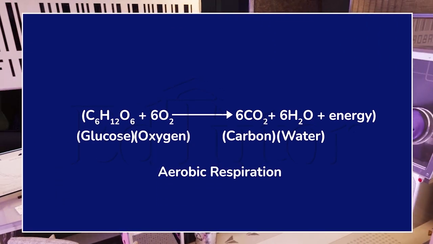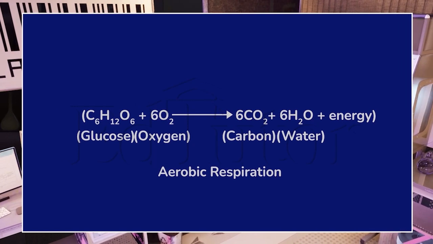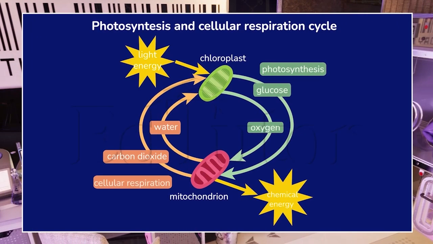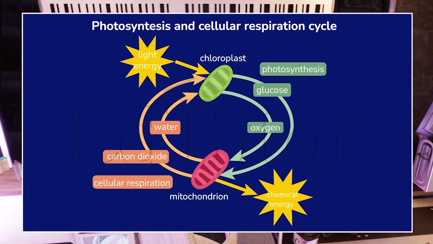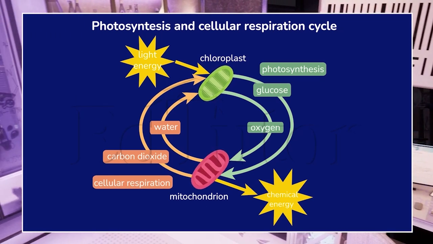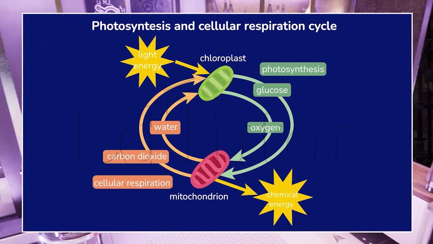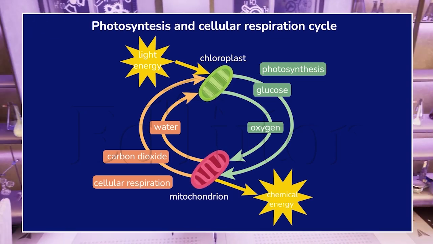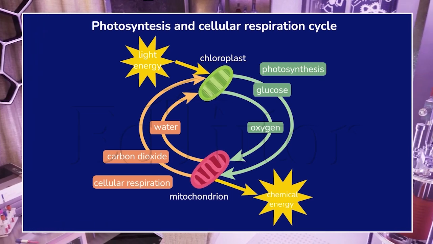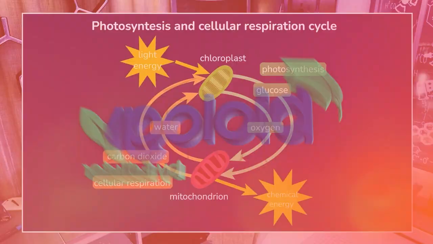So, we can say that they are opposite of each other. What was produced in photosynthesis is actually utilized in respiration to get the currency of our body called ATP. In other words, you can say that photosynthesis uses the products of respiration and respiration uses the products of photosynthesis.